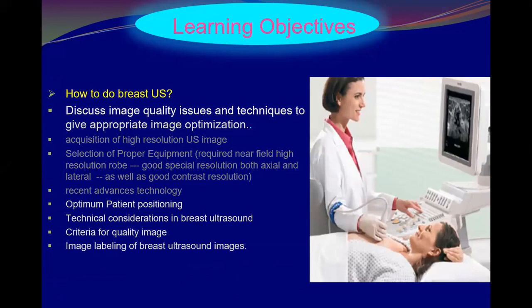And we said that we require a near field high resolution probe. We need good spatial resolution, both axial and lateral resolutions, as well as the ultrasound system also having good contrast resolution. And we went through recent advances in technology regarding ultrasound breast.